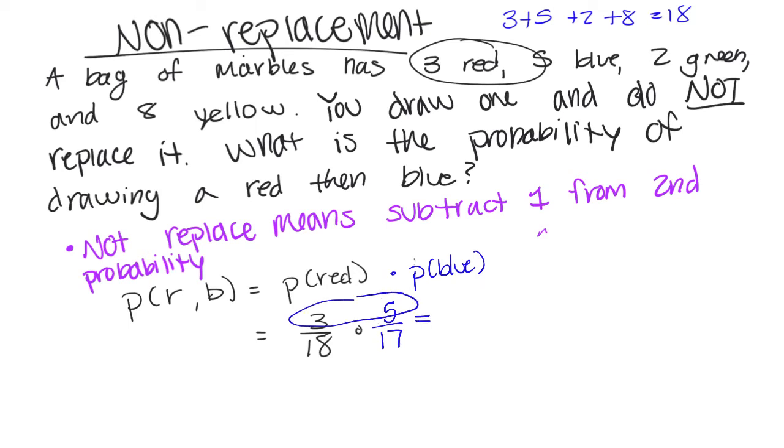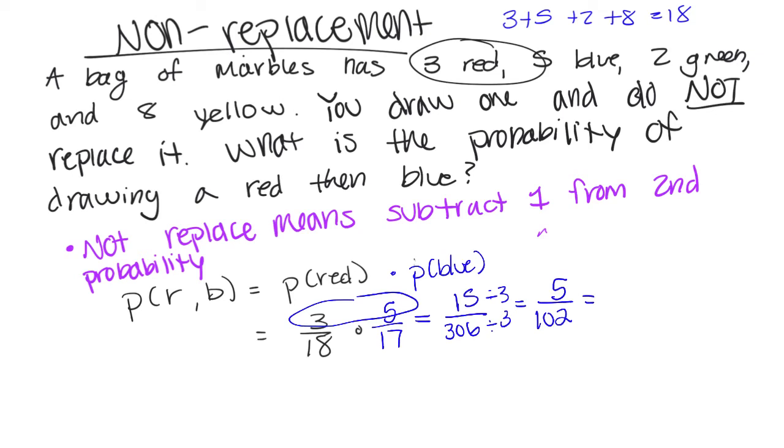So I'm going to do 3 times 5, which is 15. Then 18 times 17 is 306, which is divisible by 3, which gives me 5 out of 102. And 102 will not be evenly divisible by 5, so I'm going to stop there.